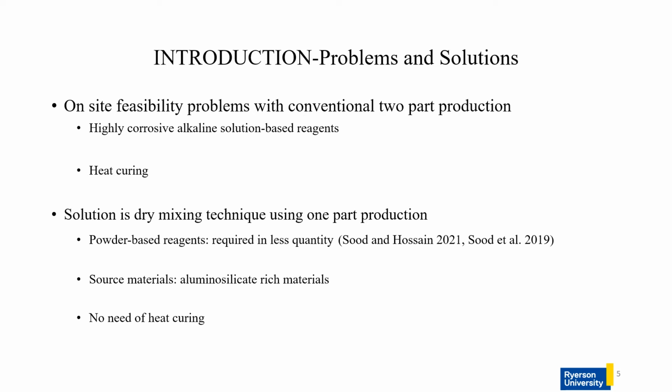On the other hand, in the one-part production technique, we have powder-based reagents which are used in lower quantities than the solution-based reagents, and also we can prepare it as one part.